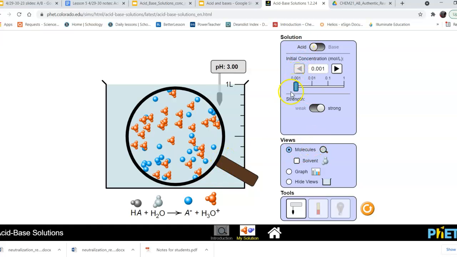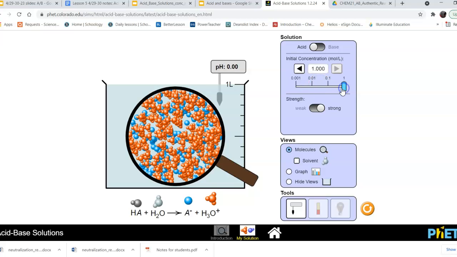Right? So one point I wanted to make here is that when you're comparing two acids or two bases, there are two things you need to be aware of. You need to be aware of their concentration, and you need to be aware of their strength. So for example, let's go back to a strong acid.